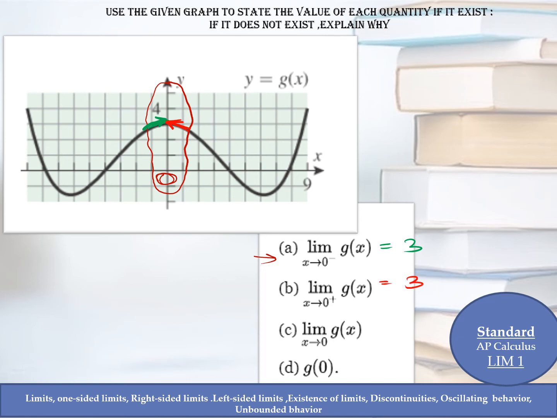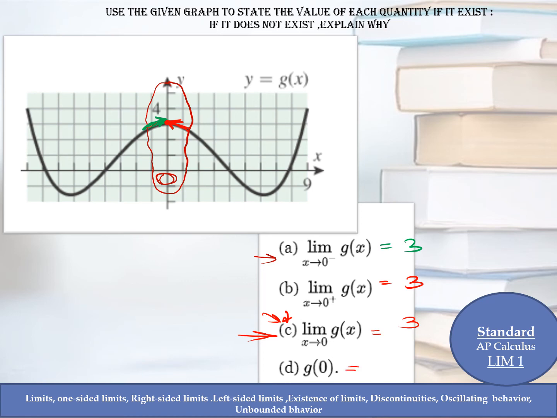Now look at this. Limit x approaches 0 from both sides, because there is no plus and minus written in the C part. What does it mean? It means that both the lines are coming and meeting at the same point. Yes, you can see there is a green arrow and I have made a red arrow, and both the heights are the same. And what is that point? It is also equal to 3. Now what is g of 0?